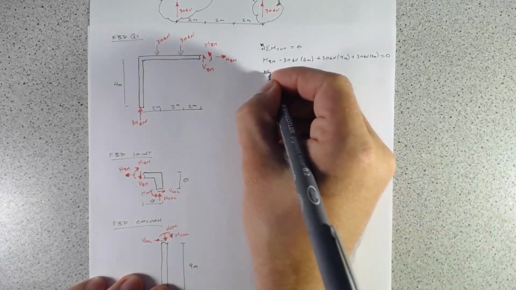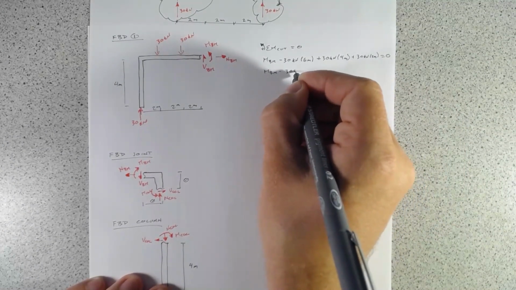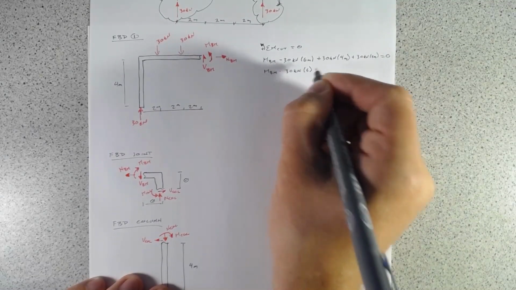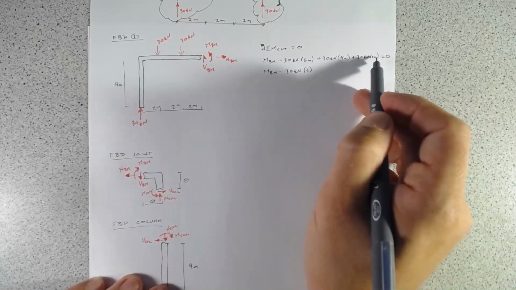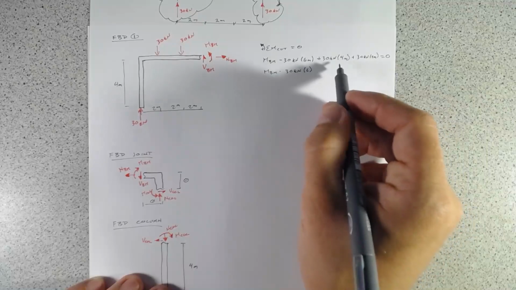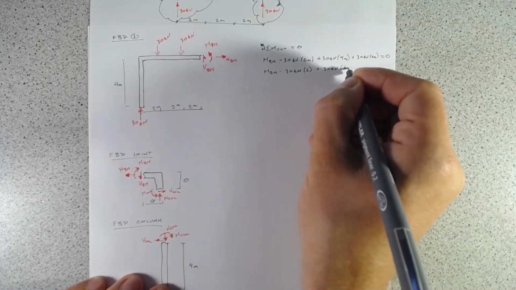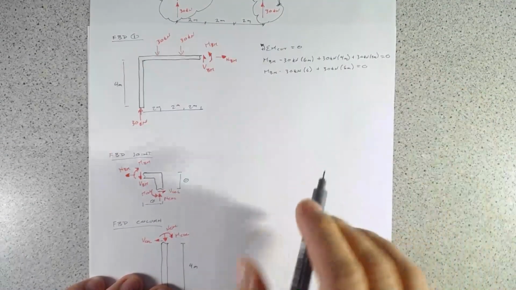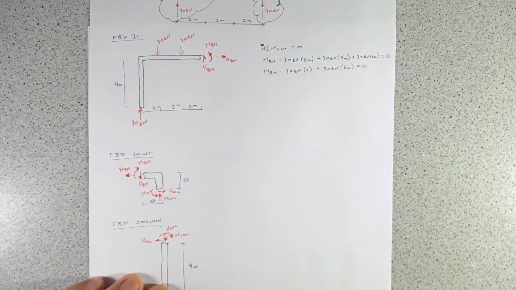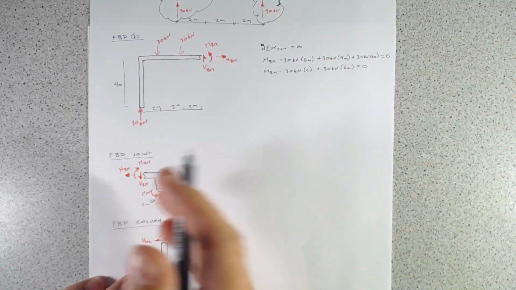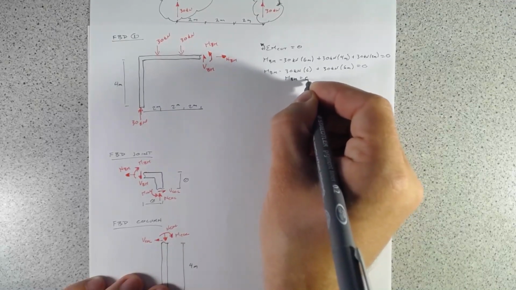Then we have MBM minus 30 kilonewtons times 6, and if we combine these two, factoring out the 30, it's 4 plus 2, that's going to be 6, so we end up plus 30 kilonewtons times 6 meters, and that equals 0, which means that our internal moment here at the joint, or just at the face of the joint, MBM equals 0.